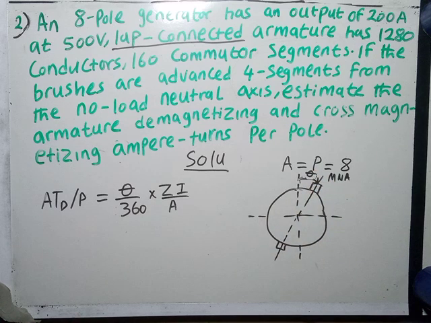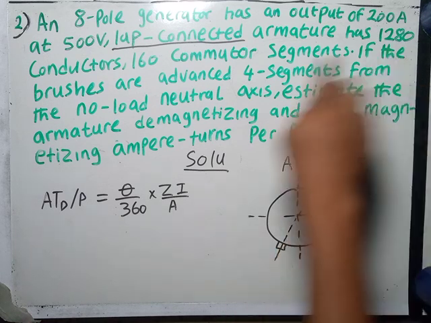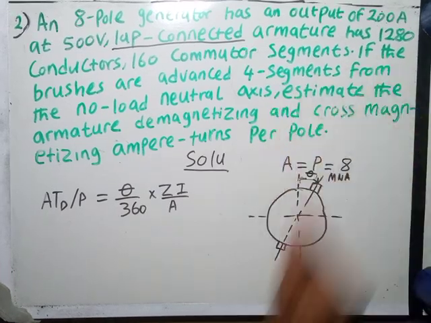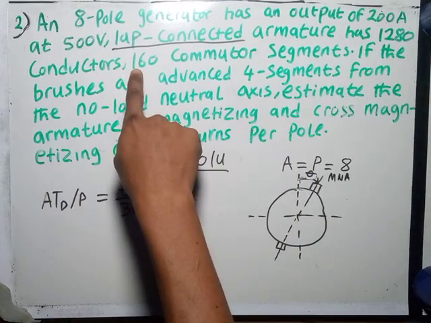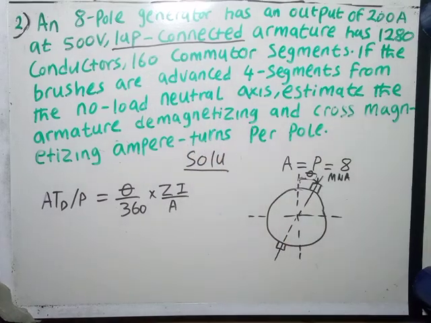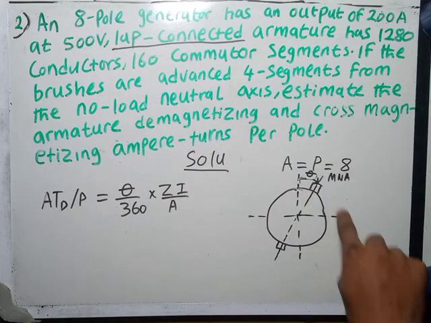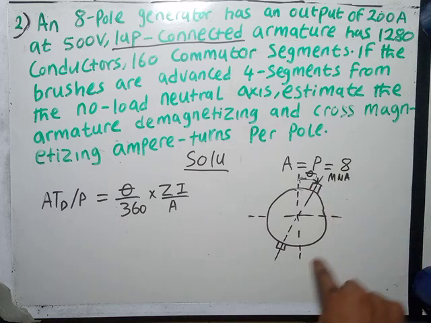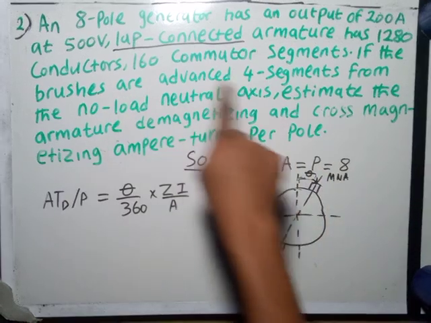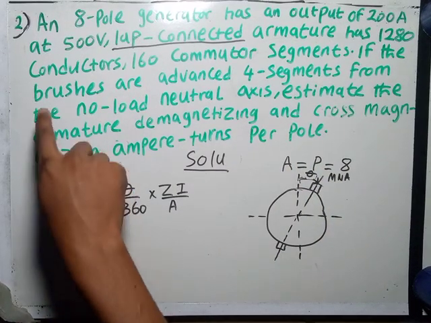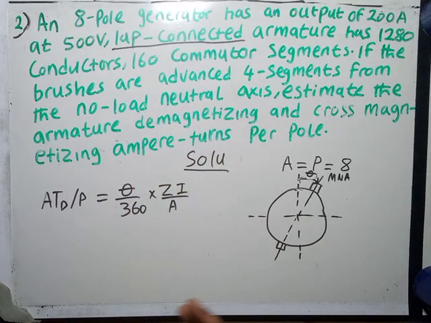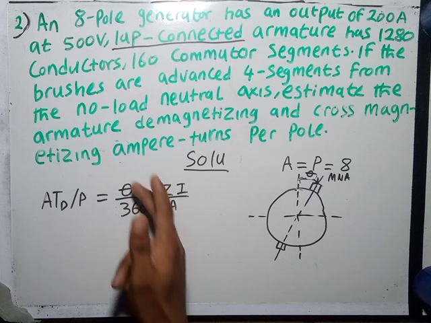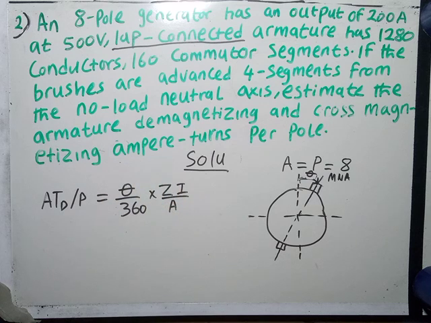But in this case, we weren't given an angle. Instead, we are told that our brush was advanced 4 segments. But our total segment was what? 160 commutator segments. So if the total segment is 160 and our brush is now advancing 4 segments, we can actually derive another ratio without using this one.